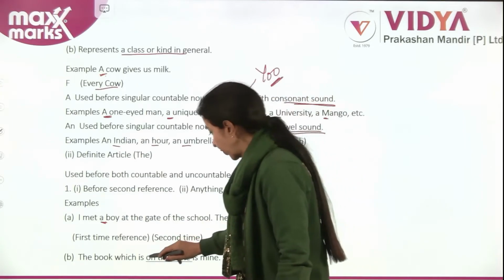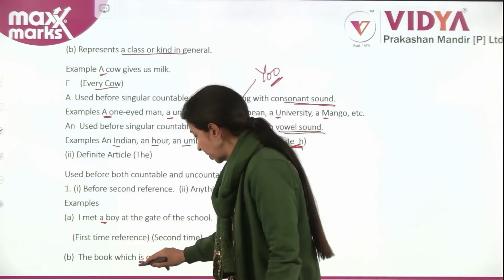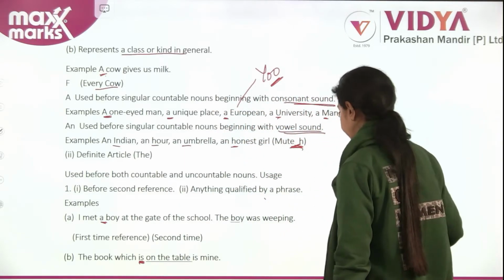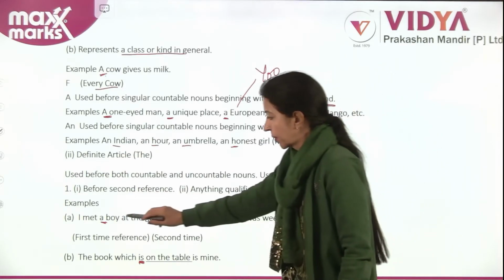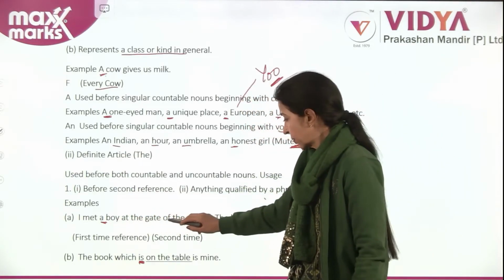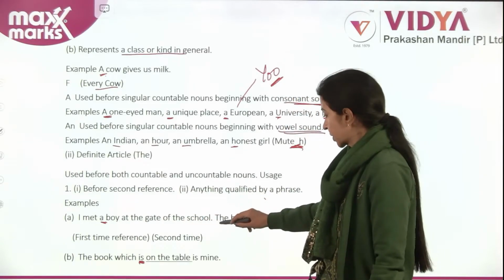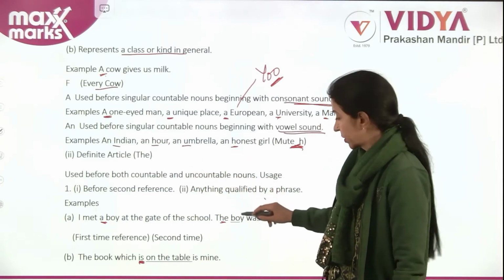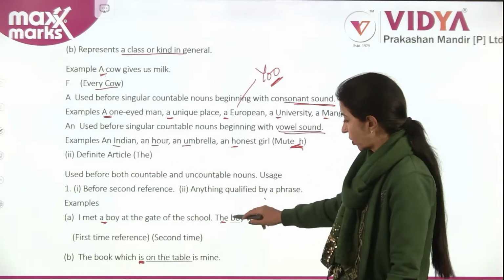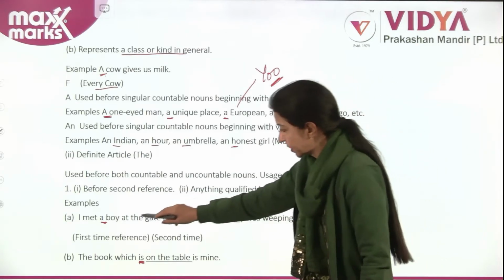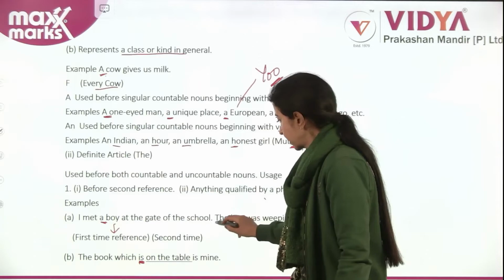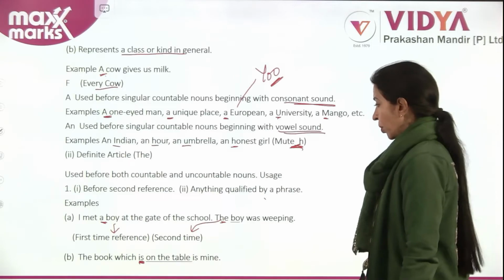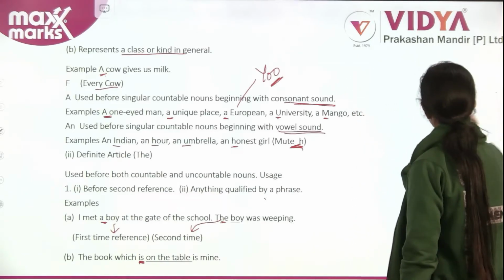The book which is on the table is mine. First time, I met a boy at the gate of the school. Then we are using the boy. We are talking about the same boy now. So it becomes definite. So now we've used the. First time reference, second time reference. The book which is on the table is mine.